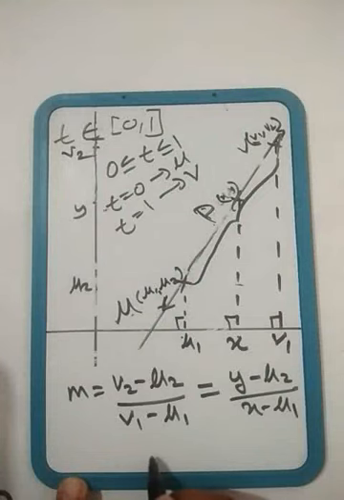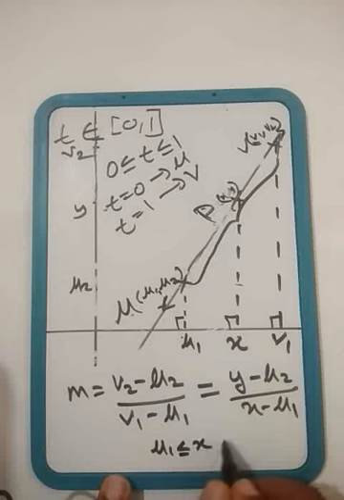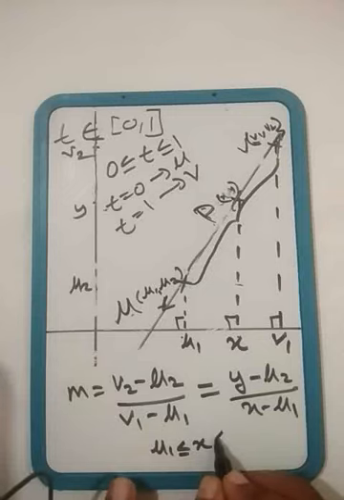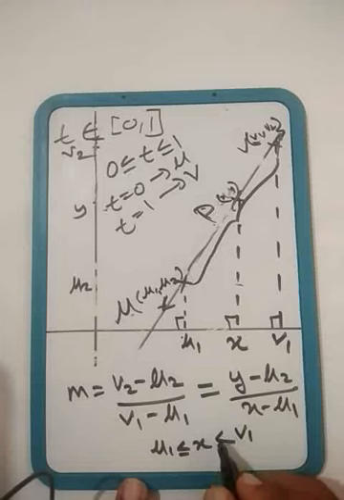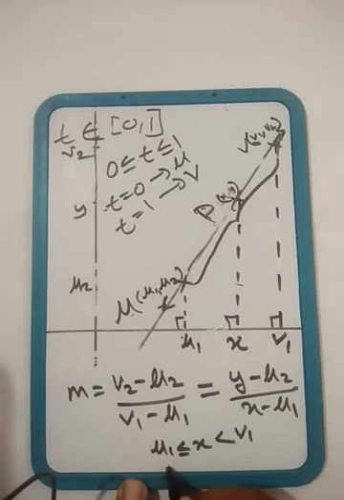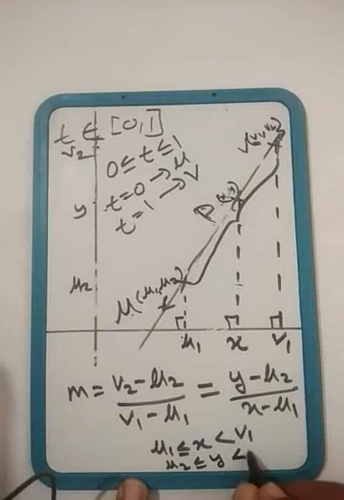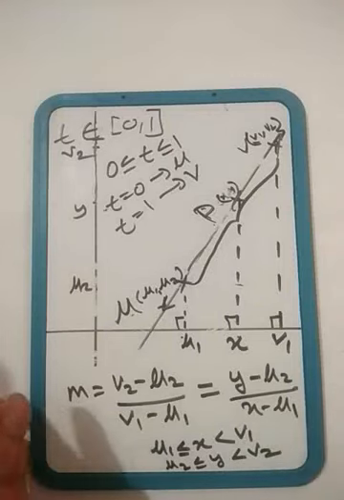So u1 less than equal to x, less than equal to v1. Okay, we'll take the point x to be this one. We can have strictly less also, and similarly u2 less than equal to y, less than v2. Okay, let's take another two.